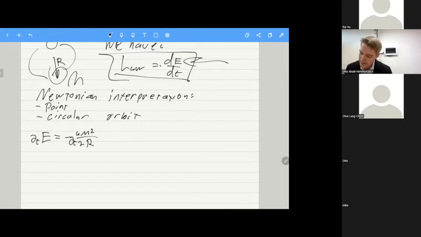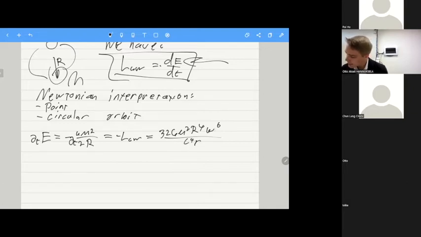And it is, of course, the same as minus L_GW, which, if you remember the formula, is 32 G M squared r to the power of 4 omega to the power of 6 over 5 c to the power of 5. Sorry, this is wrong.